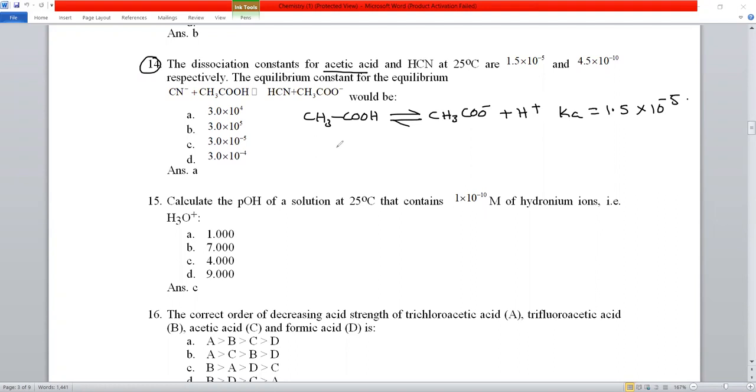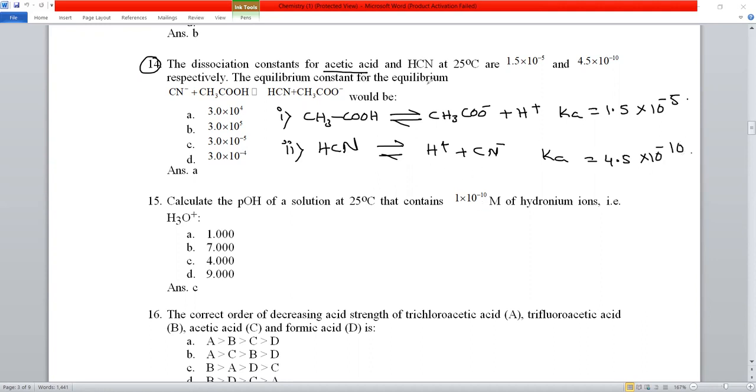Okay. And HCN also they have given, dissociating into H plus and CN minus, as equation number 1 and equation number 2. Its dissociation constant Ka equal to 4.5 × 10^-10 respectively.